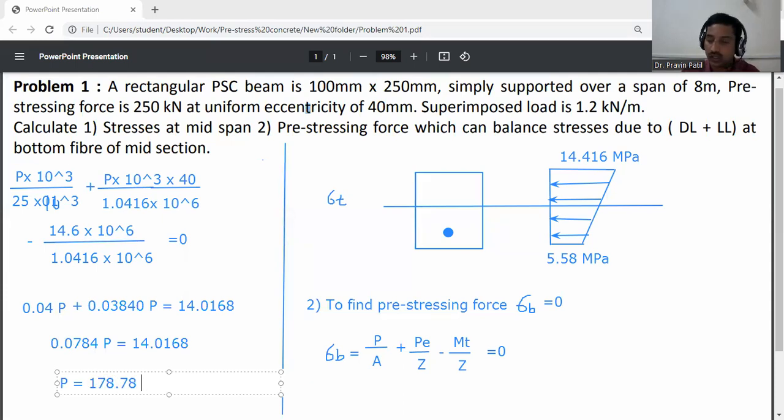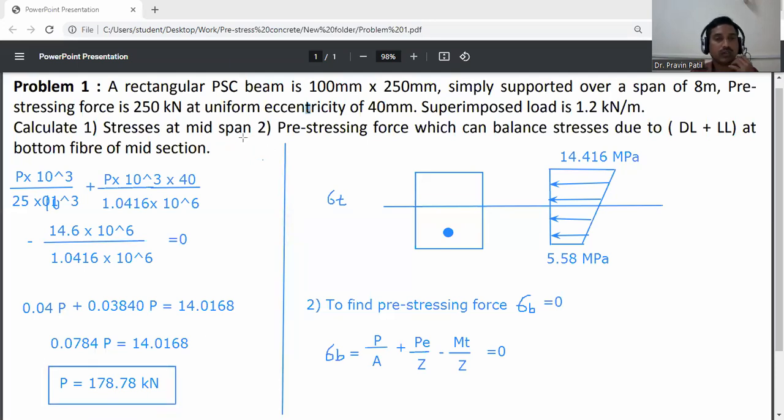Let me cross check this value. Yes, 178.78 kilonewton. This is the pre-stressing force. Okay, this is your final answer.